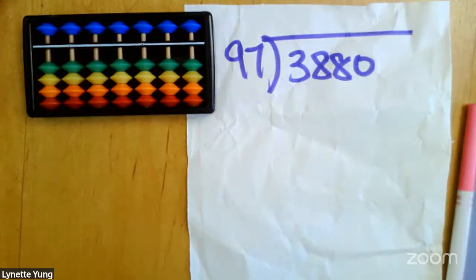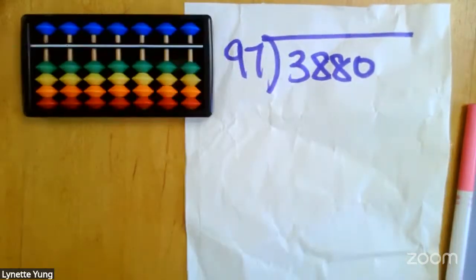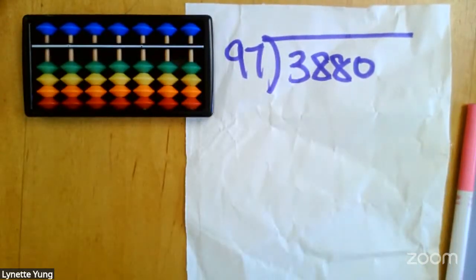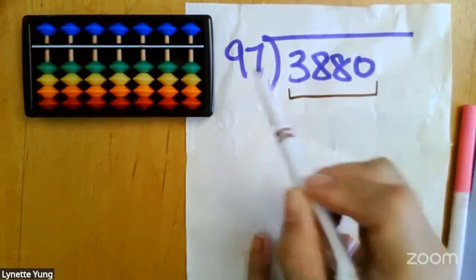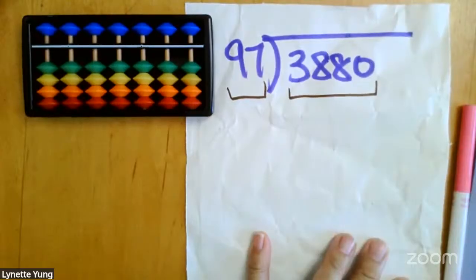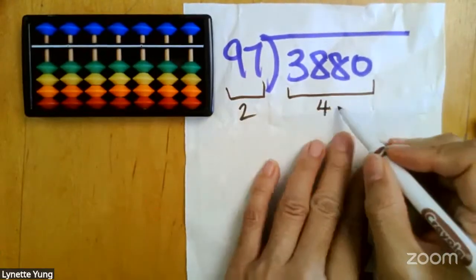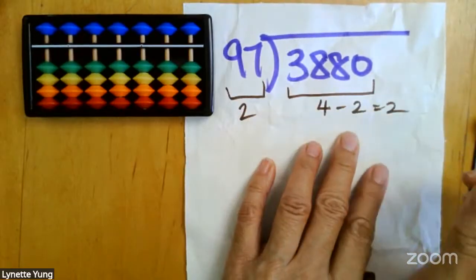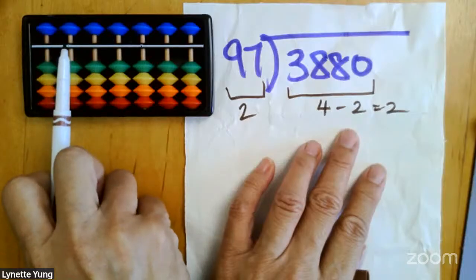So what are we doing? We know there's nothing times 9 that's going to give us 3. So we've got to figure out a starting point. 4 minus 2 is going to give us 2, so we're going to be 2 spots to the left of the dividend.